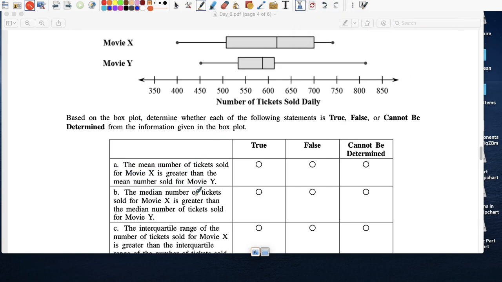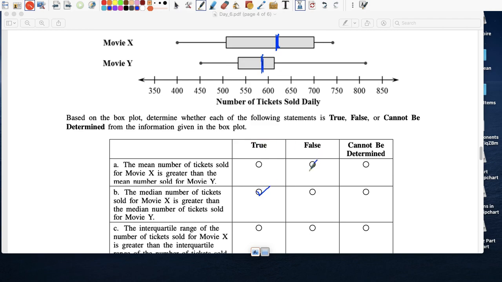B, the median number of tickets sold. The median number sold for movie X is greater than the median number of tickets sold for movie Y. So for movie X, the median was this, and for movie Y, the median was this. So this is definitely true.